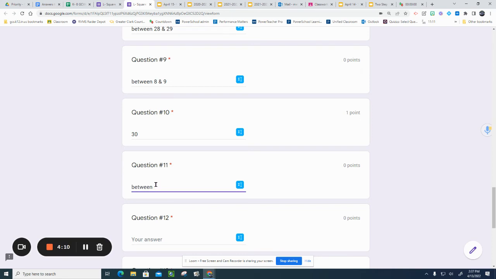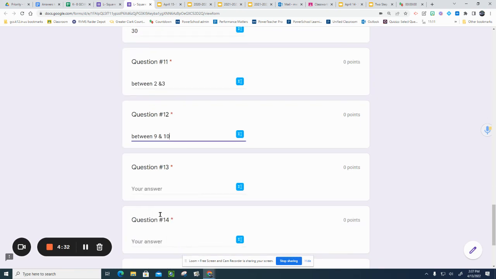Question 11 is the square root of 5. So that is between 2 and 3. Question number 12 is the square root of 88. So that is between 9 and 10, I believe. Yep. So I'll type between 9 and 10.